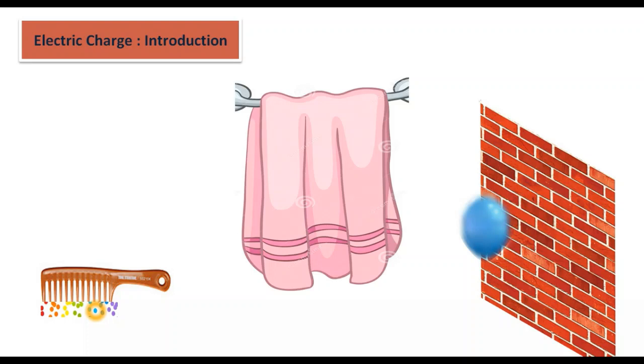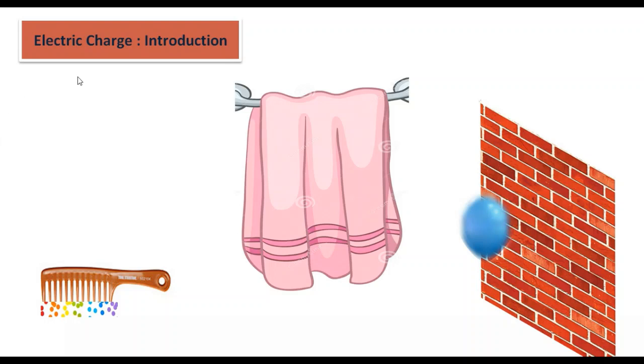Some time back, before rubbing, they were not sticking to each other, but now after being rubbed, they stick. The balloon sticks to the wall. Something has happened in the case of the comb too, that is why pieces of paper got attracted towards the comb. Now, what is the magic behind this kind of attraction?